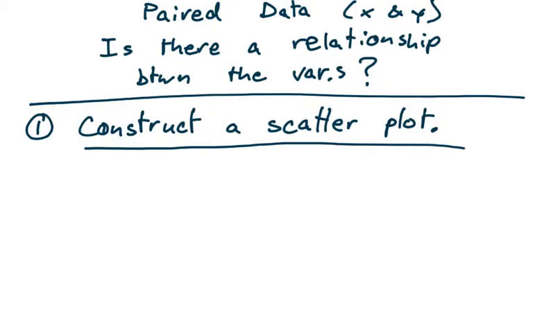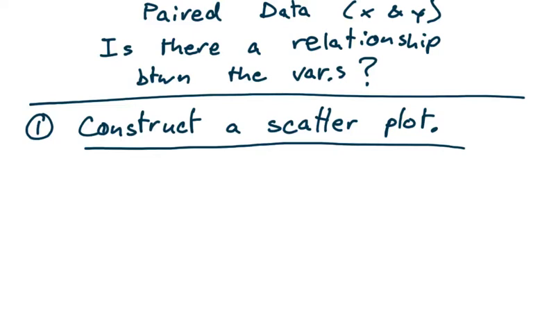Just by looking at it, we should be able to tell, okay, we've got to be careful. We are not going to automatically be able to tell whether there is a strong linear relationship between the X and the Y. We don't get that for free, but if there is no relationship, we will know automatically, because our scatter plot will be scattered all over the place and will not look like it's following along a straight line.